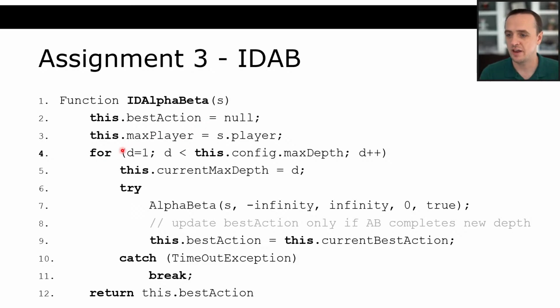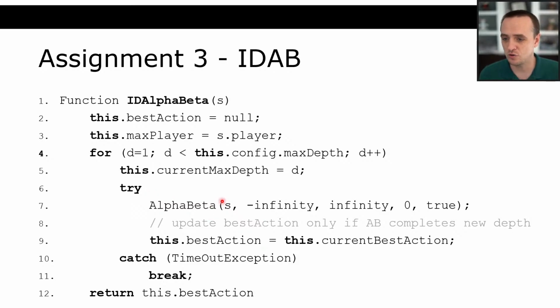Okay? Then I'm going to have my loop that goes for depth 1 up to some maximum depth. And then I go for every depth. So I'm going to record a class variable called current max depth, set equal to the current value of this iterator. Then I'm going to have a try catch statement.